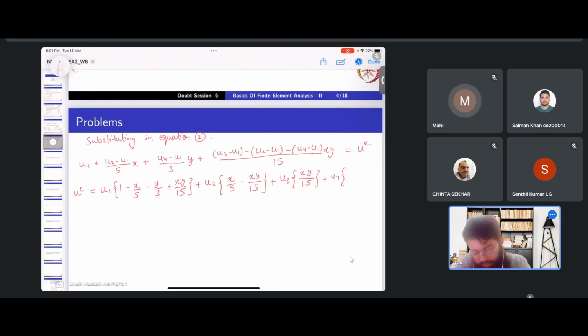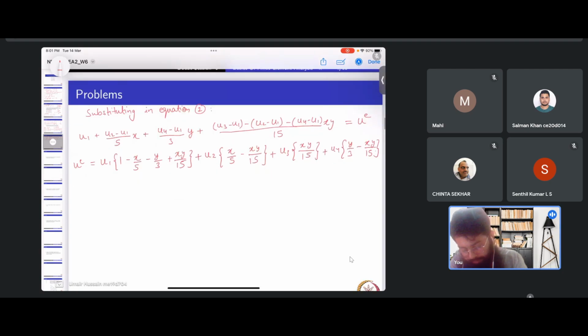First term, no. Second term, no. Third term, we have y by 3. And for the fourth term, we have minus xy by 50. Okay, so comparing it with our equation 2, which is u1 psi 1 plus u2 psi 2 plus u3 psi 3 plus u4 psi 4.